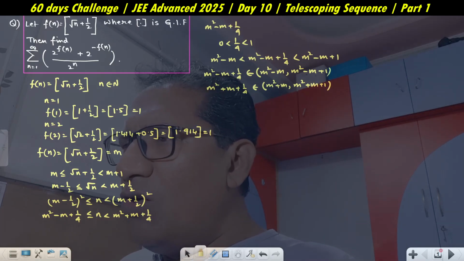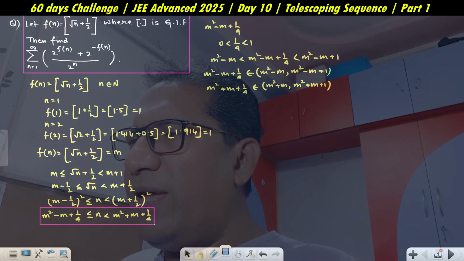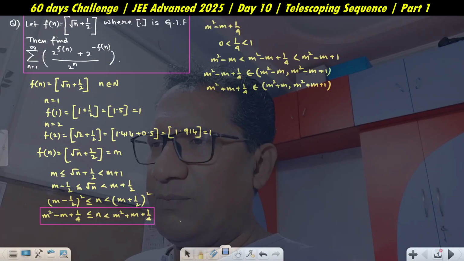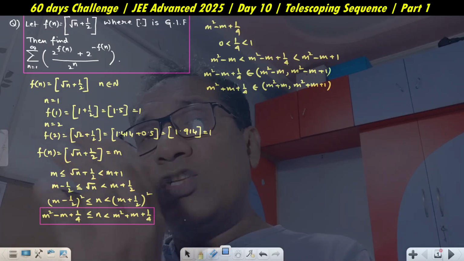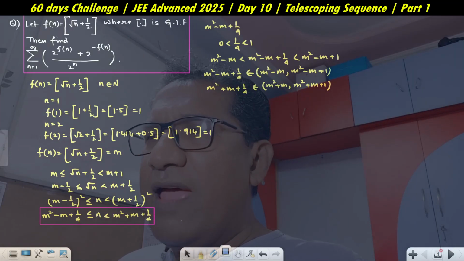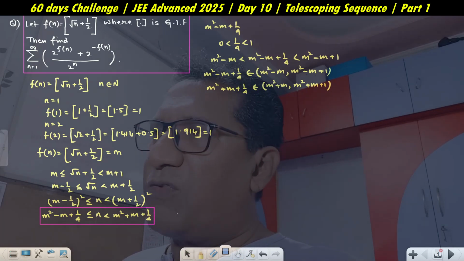Now, we already got that n is lying between these two values, okay? The range of n we got, and n is always greater than or equal to m square minus m plus 1 over 4 and always less than m square plus m plus 1 over 4.